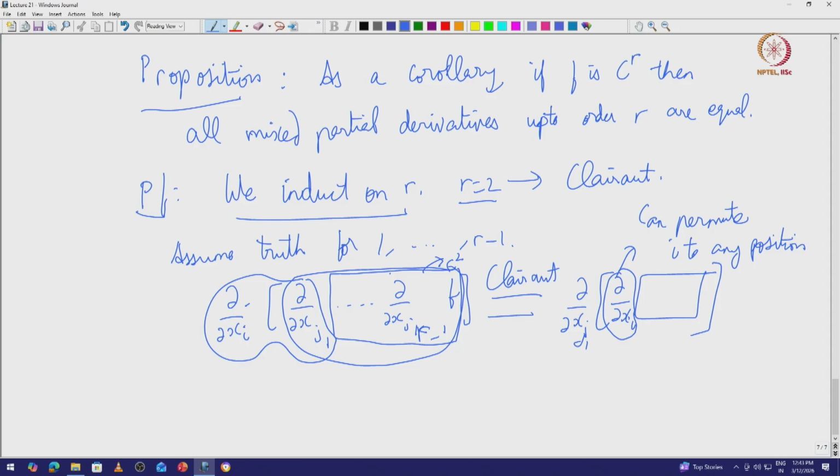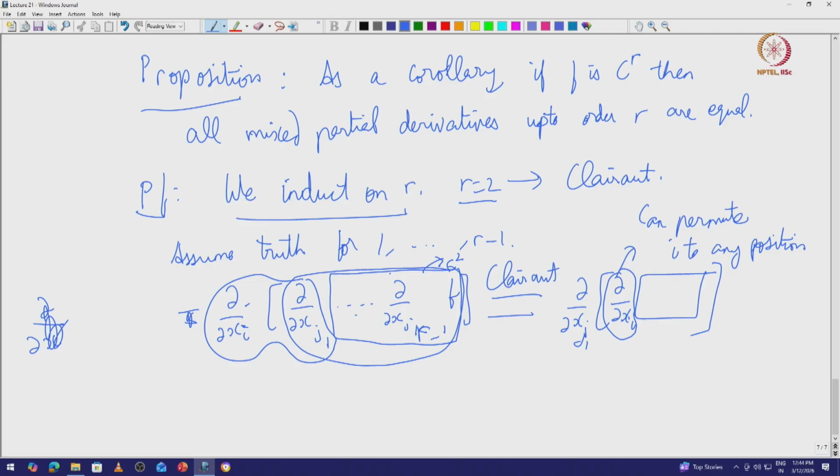So what have we accomplished? Ideally we would want to say that this is equal to, if I choose some standard ordering of these things, actually maybe I won't say that yet. I want to say that regardless of how you permute these, I'll get the same number.